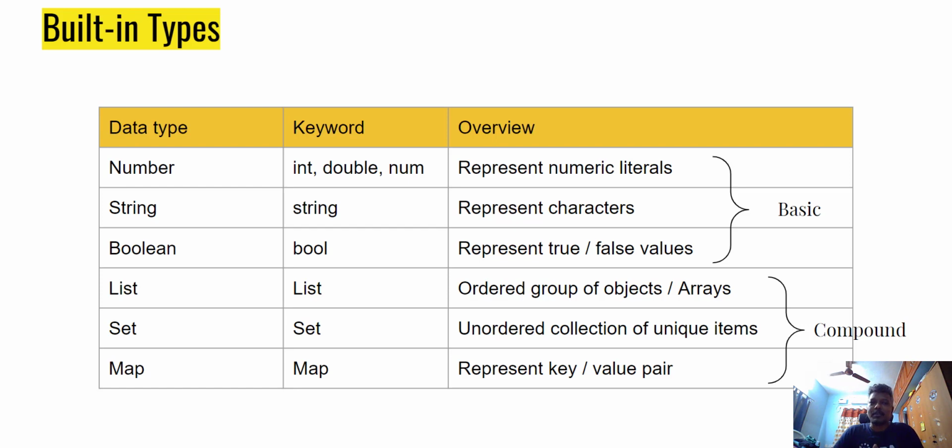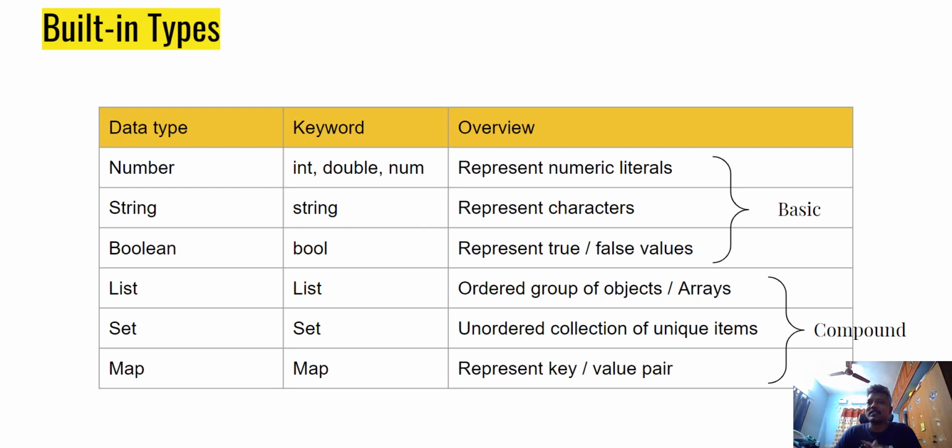And when it comes to number, there are three different data types supported by Dart. One is int, the other one is double, and the other one is num. So num is kind of a parent data type for both int and double. The other one is string.